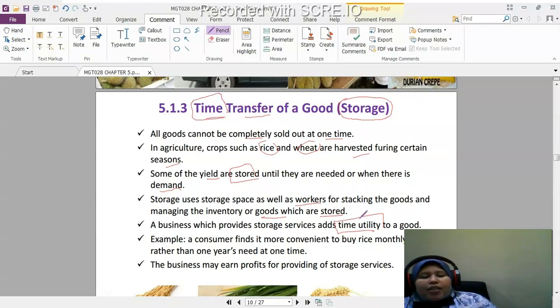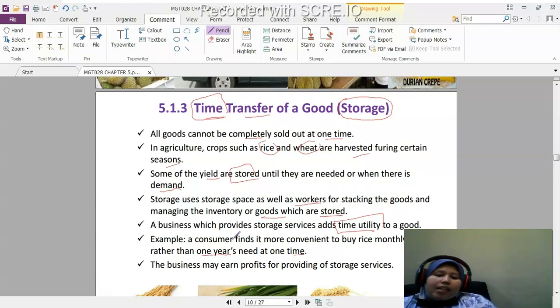Gitu. Kita tak jualkan habis. Okay. Kita simpan dulu, mana yang boleh simpan. Tunggu dah ada banyak demand, so baru kita jual. Okay. Example, a consumer finds it more convenient to buy rice monthly rather than one year's need at one time. Okay.